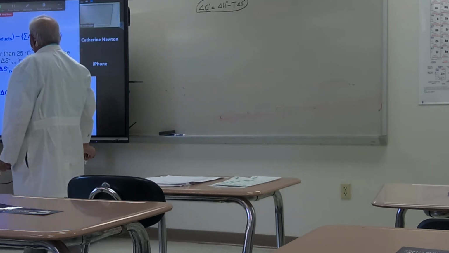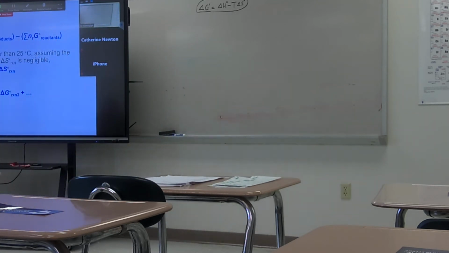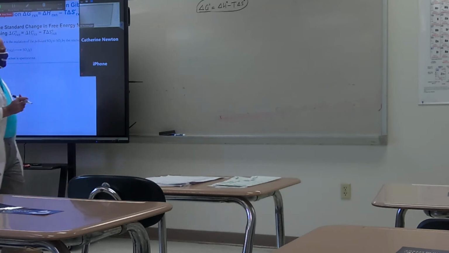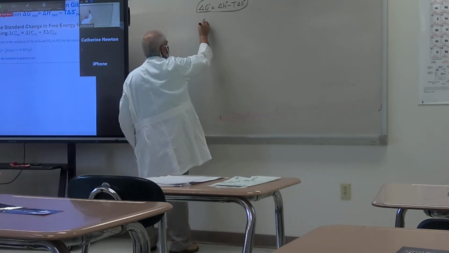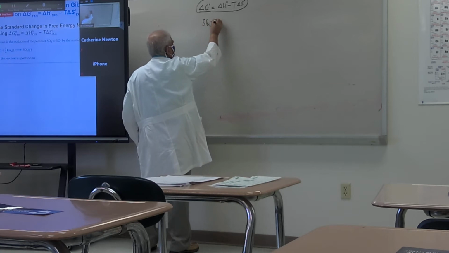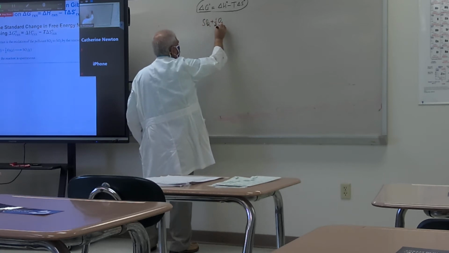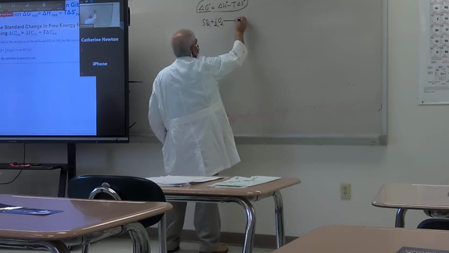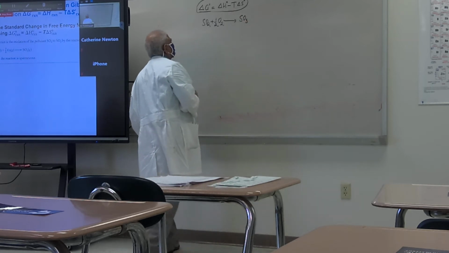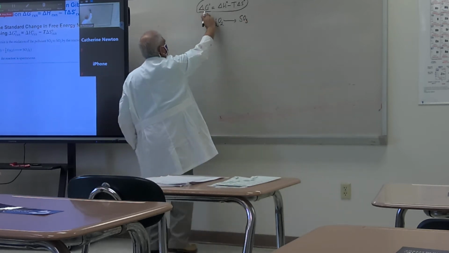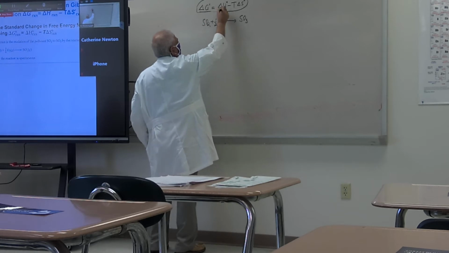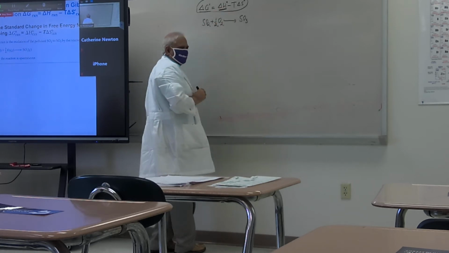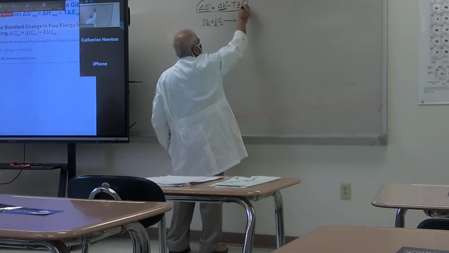Okay. So let's take an example. Sulfur dioxide plus 1/2 a molecule of oxygen gives you SO3. This is the reaction. So in order to calculate the delta G for this reaction, you first should do that, and then you should do this.